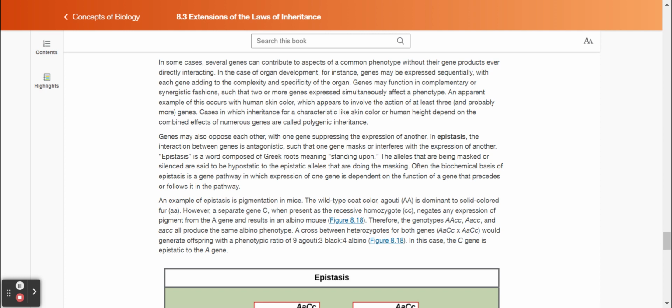An apparent example of this occurs with human skin color, which appears to involve the action of at least 3 and probably more genes. Cases in which inheritance for a characteristic like skin color or human height depend on the combined effects of numerous genes are called polygenic inheritance.